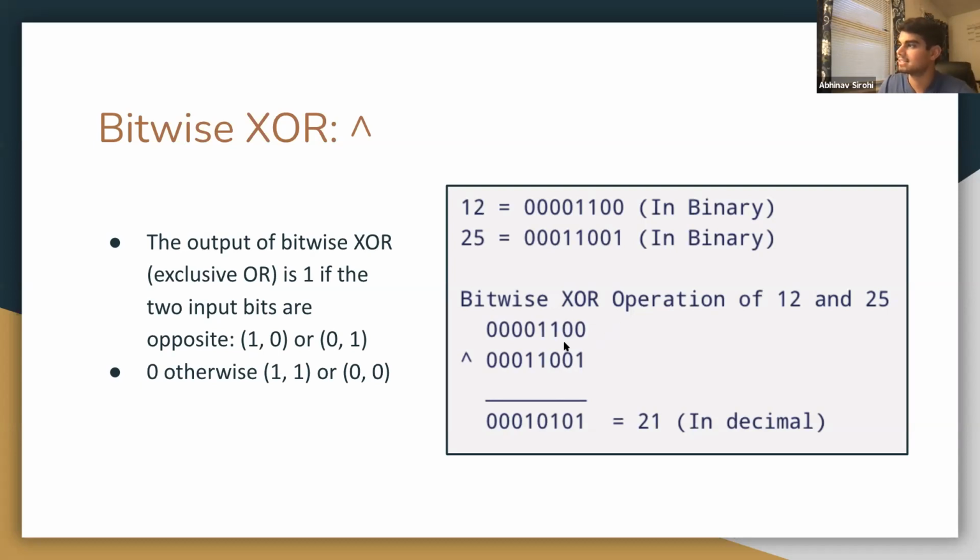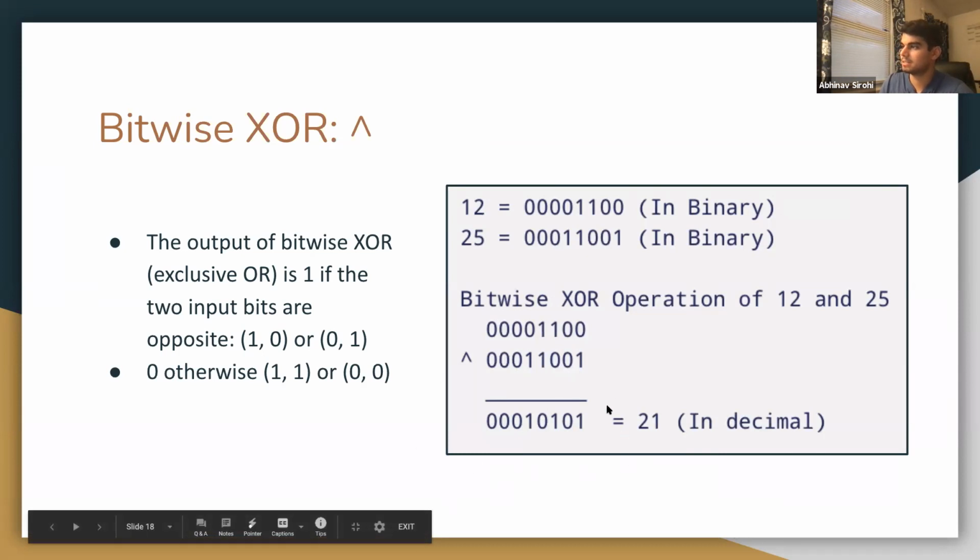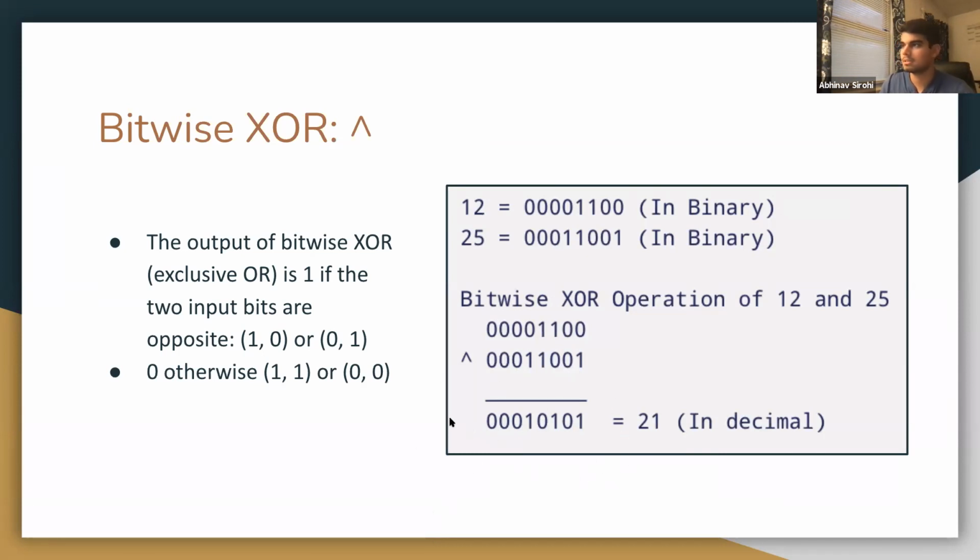And in any other case, it'll be 1. Here we can see that the two bits are different, and so the output is 1. Here they're the same, so the output is 0. And here they're different, the output is 1. And here they're the same, so the output is 0. And so this will be the completed bitwise XOR operation. And this is the symbol that represents the XOR, the caret.